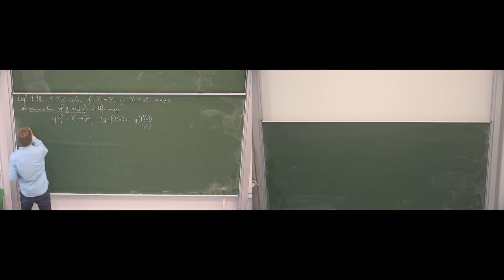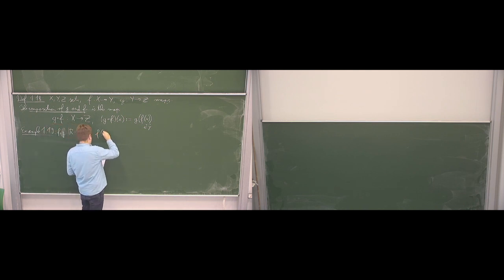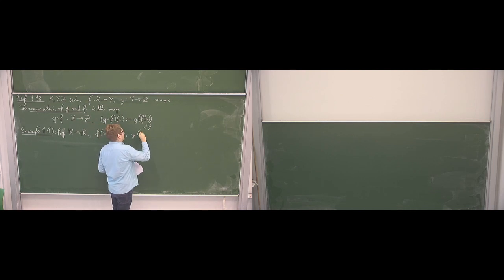So, a quick simple example, again assuming that the real numbers exist. f and g are both maps from R to R, where f of x is x squared plus x, and g of x is simply x squared.